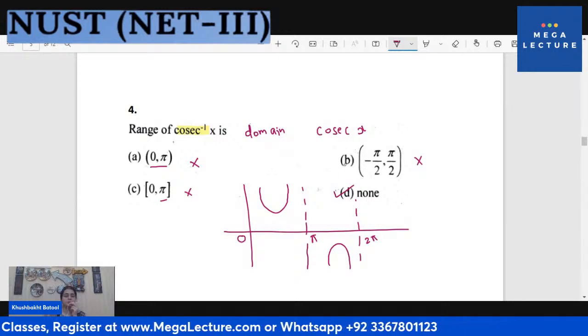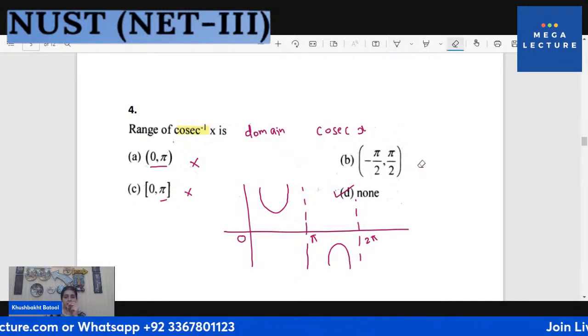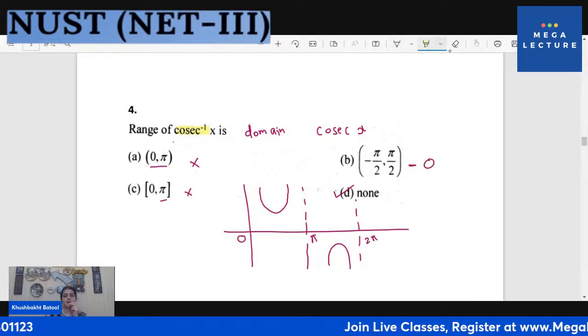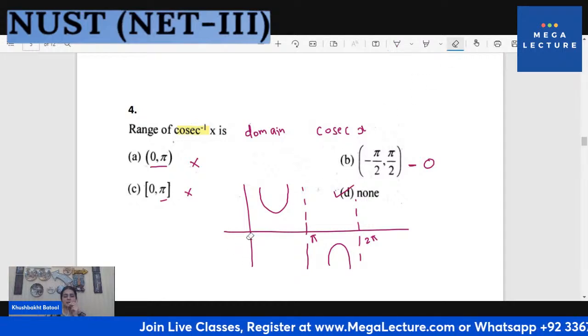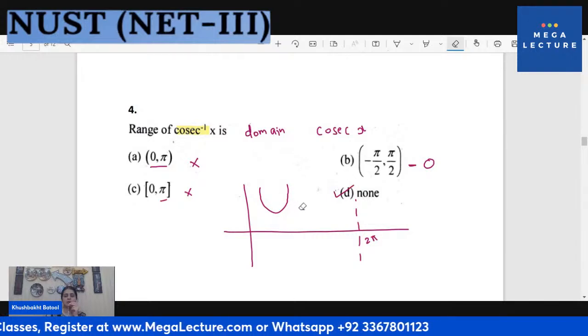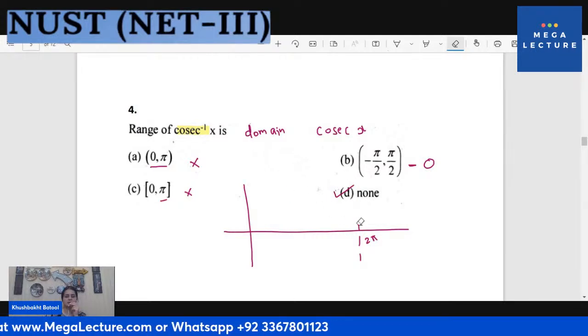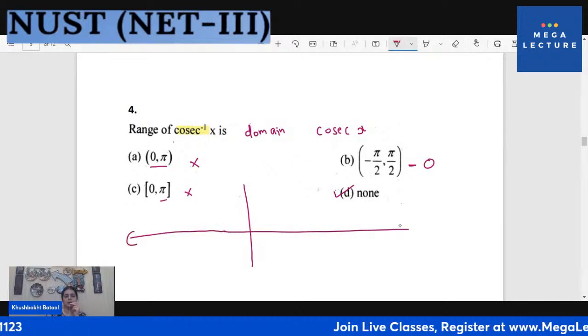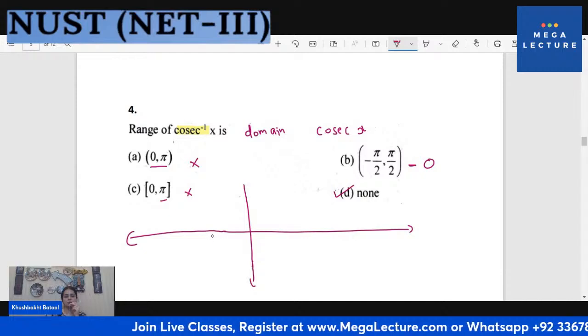So actually the range of cosecant inverse is B minus 0, because if I talk about the shape of cosecant inverse, I'll quickly explain this because it is important for understanding. If anyone is not able to understand, you can directly just memorize this, but it would be easy to understand, don't worry. Okay, this is my y-axis, this is my x-axis.